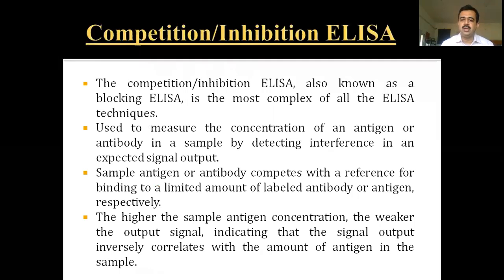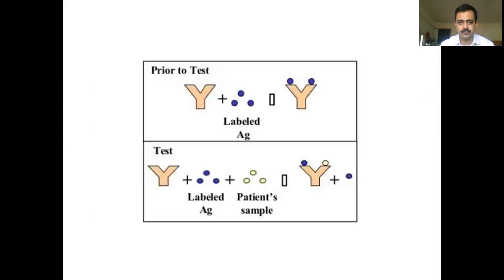We have seen a part in antigen antibody reactions which is called competitive reactions. So this is the same kind of thing. The higher the sample antigen concentration, the weaker the output signal, indicating that the signal output inversely correlates with the amount of antigen present in the sample.